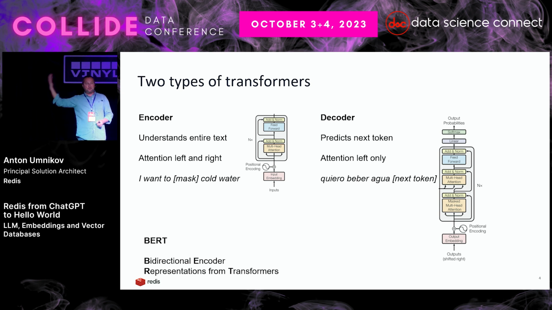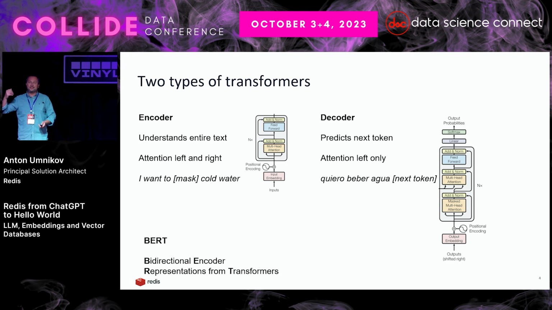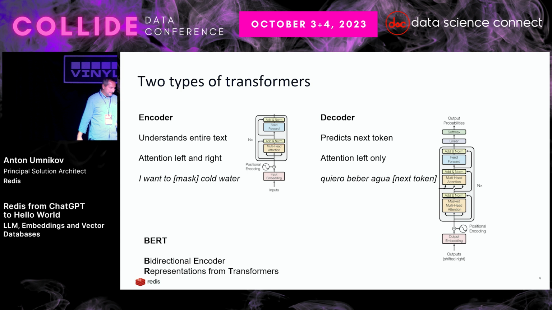So it has attention both left and right to the text. Right away, this architecture was picked up by a lot of researchers, and the architecture called BERT emerged, which happened to be the best thing since sliced bread in natural language processing from 2018 up to the middle of 2021.